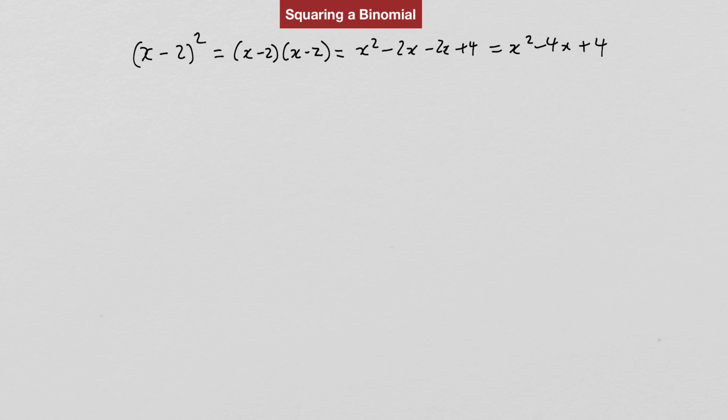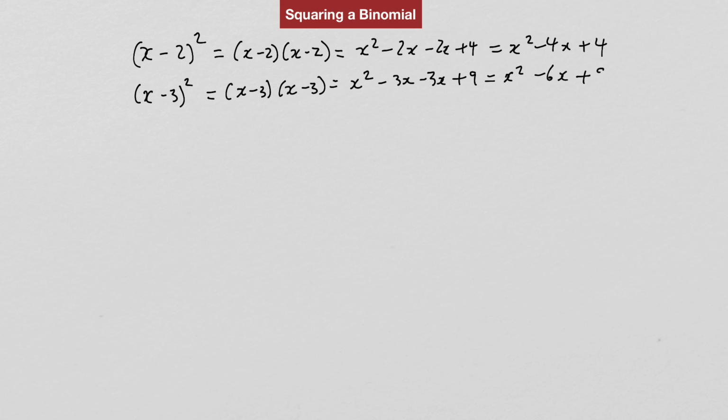Let's do another example. (x - 3) squared. That becomes (x - 3) times (x - 3). That is equal to x squared minus 3x plus 9. And that simplifies to x squared minus 6x plus 9.